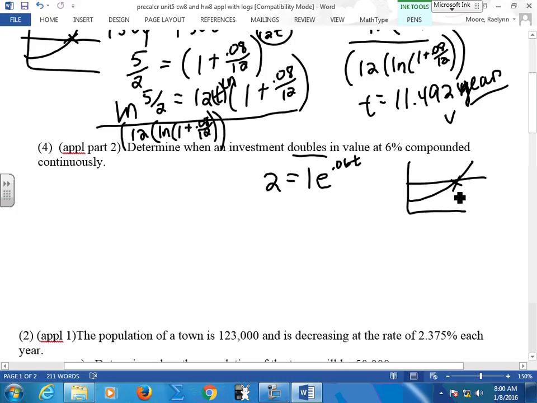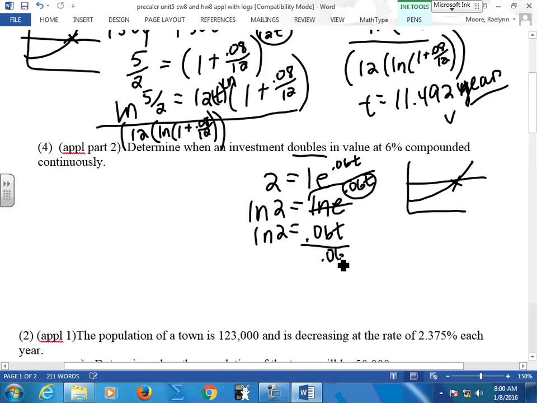Now we know how to break down that exponent using a log. We're going to take the ln of both sides. This one's a lot better looking. So we use our power rule and bring this down. What happens to ln e? It gets crossed out. That's one of our properties. Therefore, solve for t and divide.